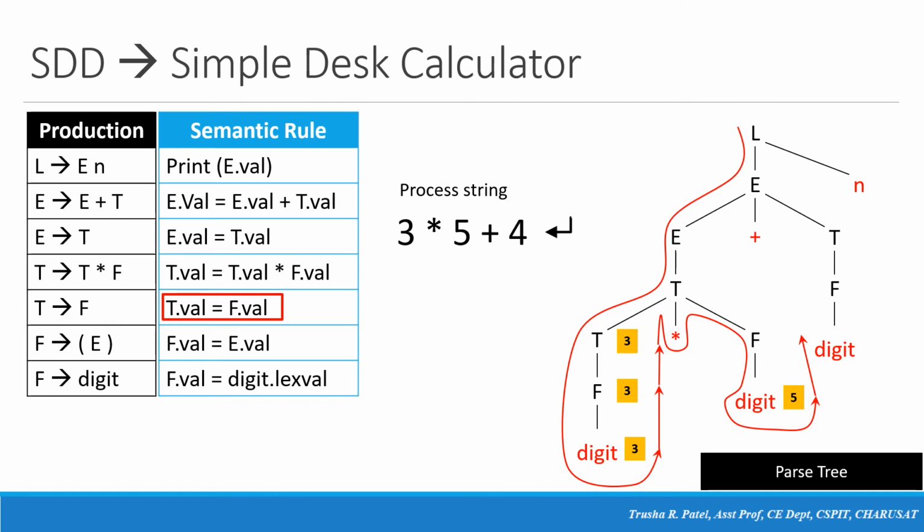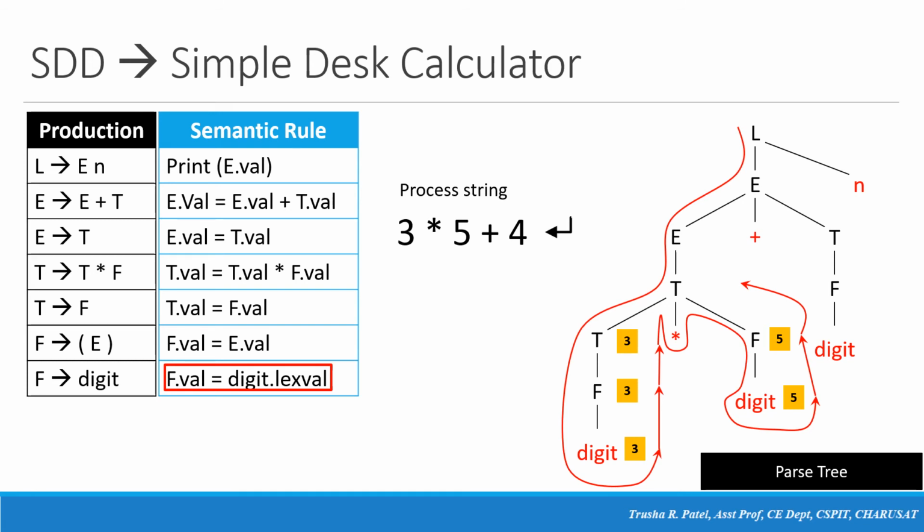Now digit to F, which is a reduction step. So the rule associated is F dot value is equals to digit dot lex value. So the value of digit we will assign to F. Then we are going from F to T, which is again a reduction step.